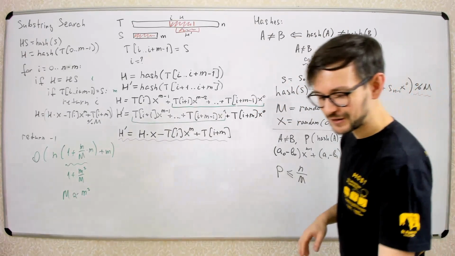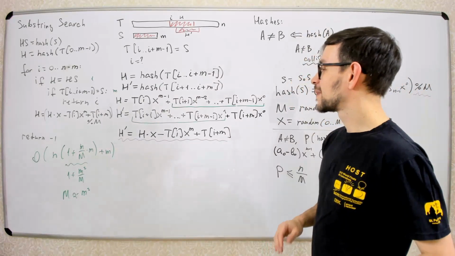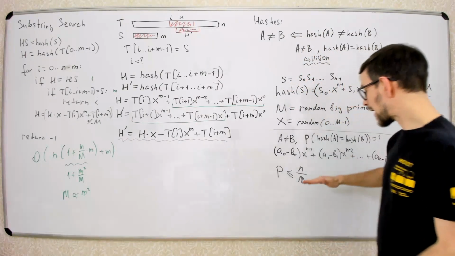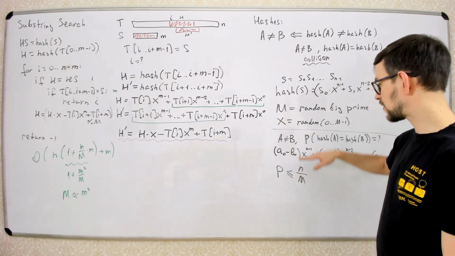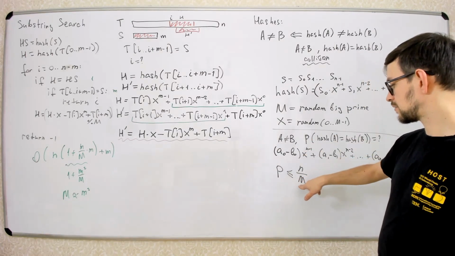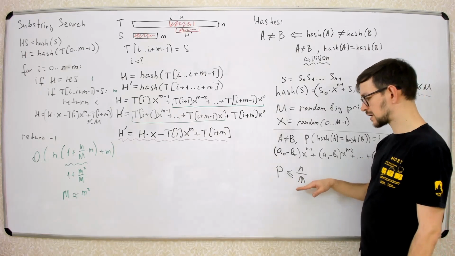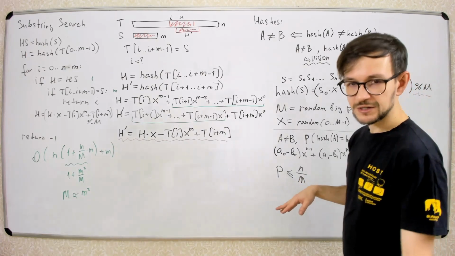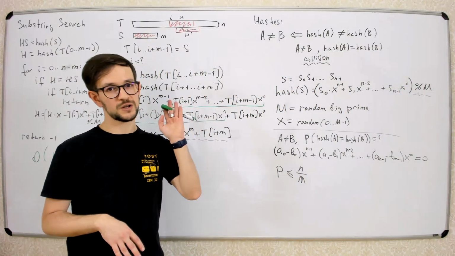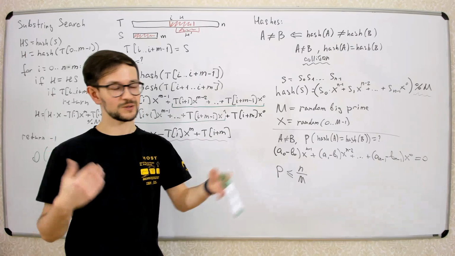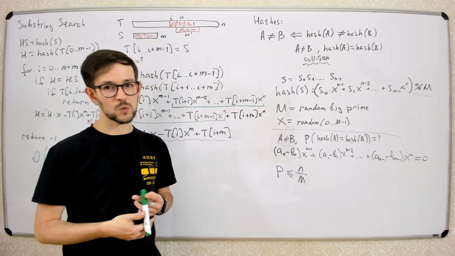Okay, let's discuss some philosophical questions. I can make this probability as small as possible. So what if I pick a really big prime number here? Something like a 64-bit prime number, or a 128-bit prime number, so it will fit in int 128.